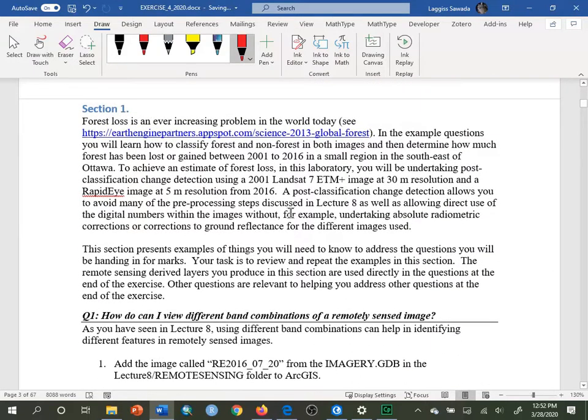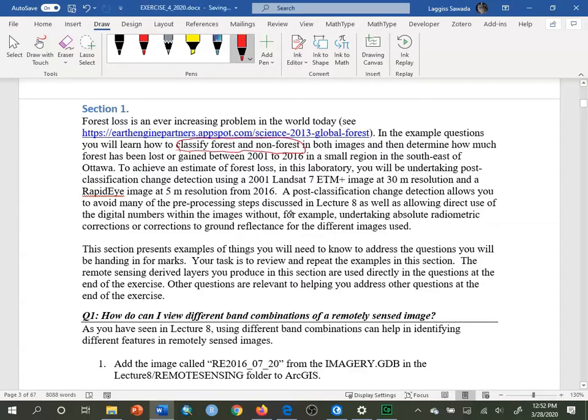So forest loss is really important today, in that much of the natural forest and natural habitat is being lost to humans and human uses. In the example questions here, what you're interested in is classifying forest and non-forest classes from a remotely sensed image.